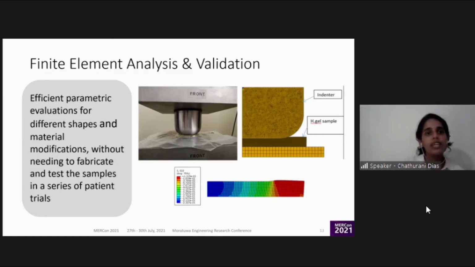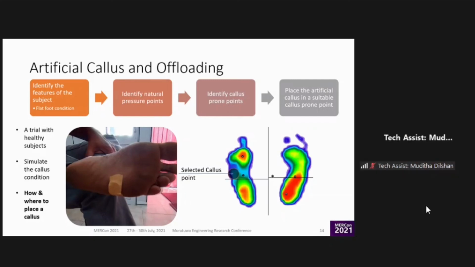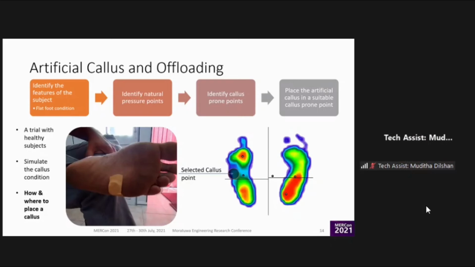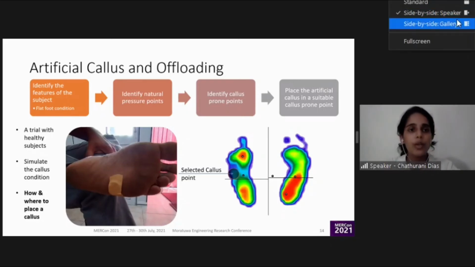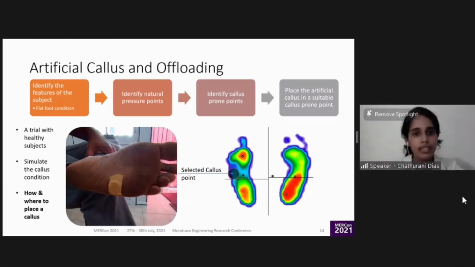Once our laboratory experiments were done, we wanted to move into a preliminary user study. Since we wanted to move into a user study, we could not do that with patients in one go, and because of this, we had to do it with healthy participants under simulated conditions.